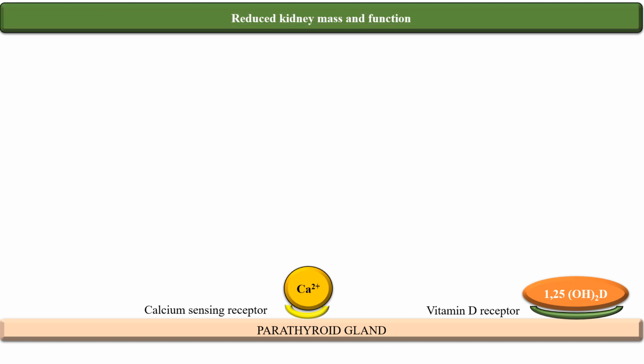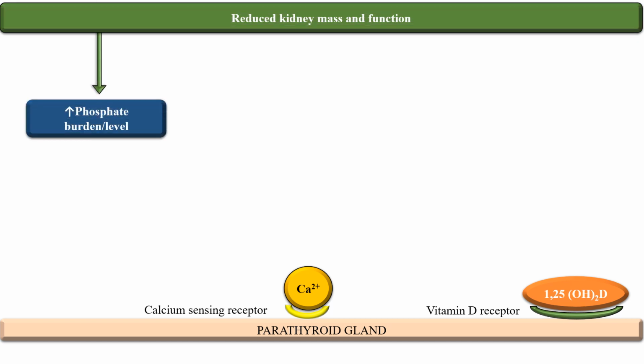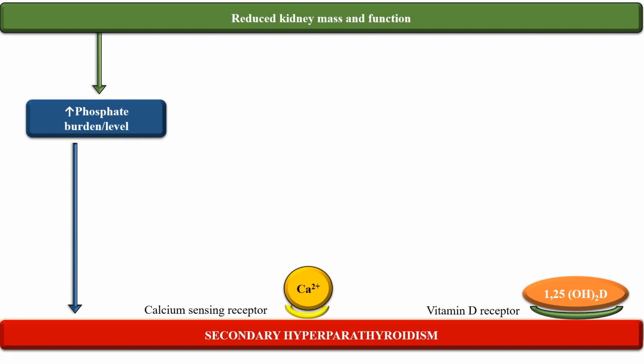When there is reduced kidney mass and function, one of the first things that happens is increased phosphate retention. Phosphate retention per se can stimulate the parathyroid gland and contribute to secondary hyperparathyroidism. More importantly, the increase in phosphate levels stimulates the production of FGF23.